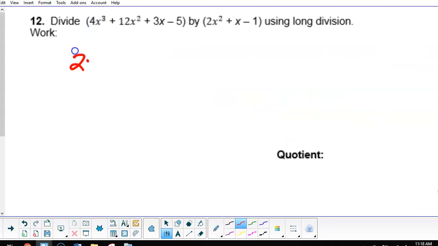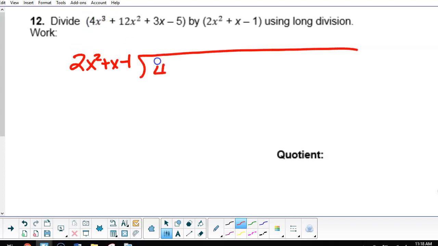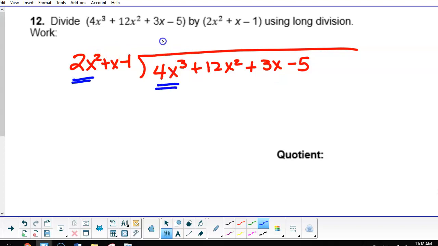Oh, long division. Okay, 2x squared plus x minus 1. Any placeholders here? No. Okay, who can help me? 2x squared became 4x cubed. 2 and an x. So I have to multiply that by all 3 of these terms.